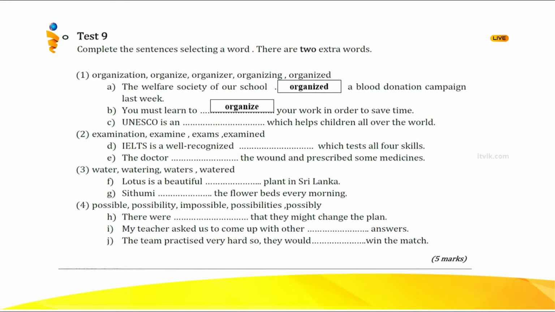You must learn to organize your work in order to save time. UNESCO is an organization which helps children all over the world. IELTS is a well-organized examination which tests all 4 skills. The doctor examined the wound and prescribed some medicines.